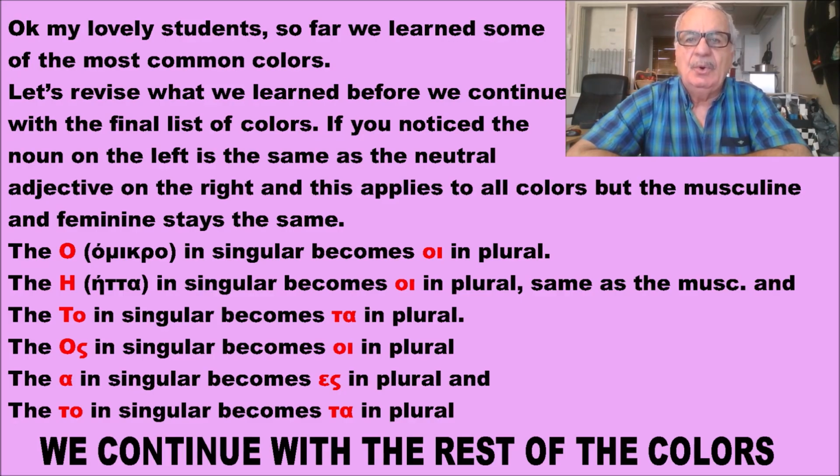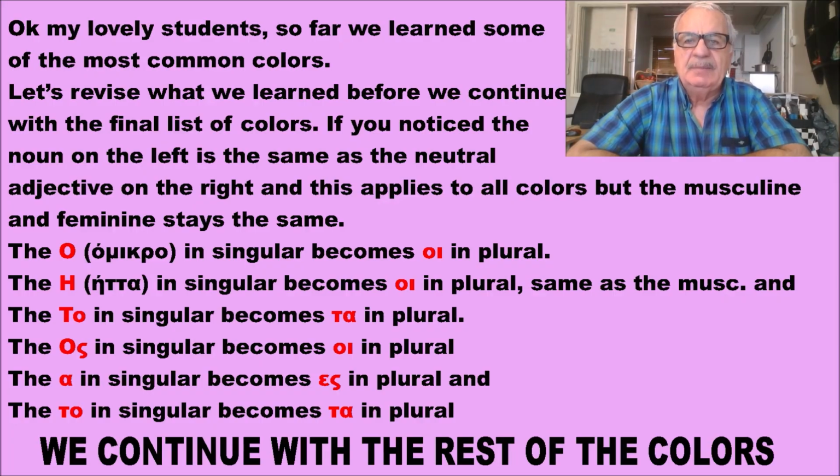The article ο, omicron, in singular becomes οι in plural. The article η, eta, in singular becomes οι in plural, same as the masculine, and the article το in singular becomes τα in plural.